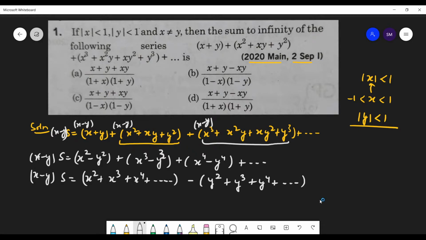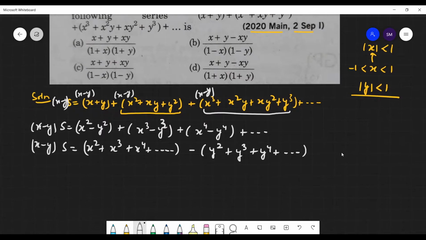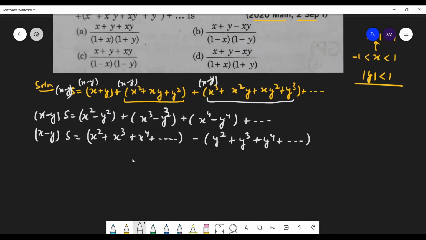Agreed? Now you can see that this is clearly a GP with common ratio x. Multiply x and you get successive terms.